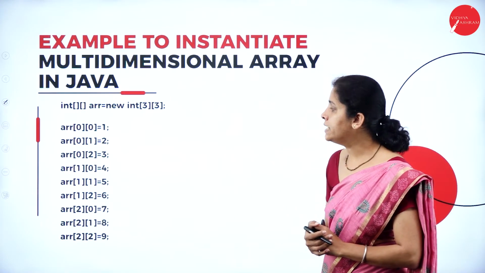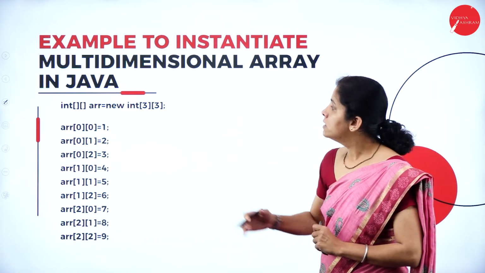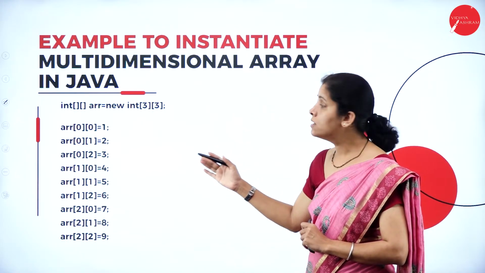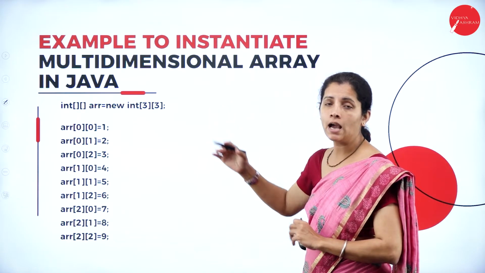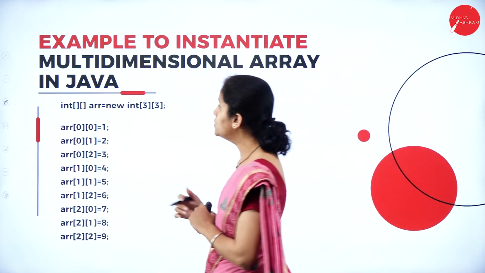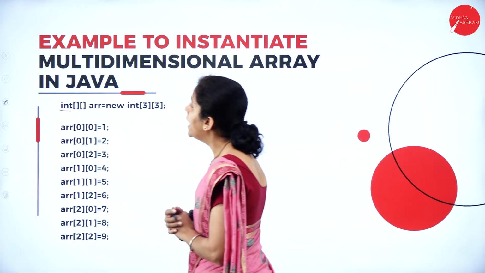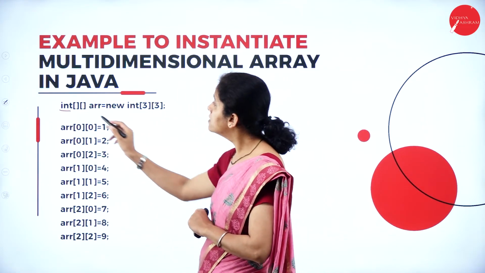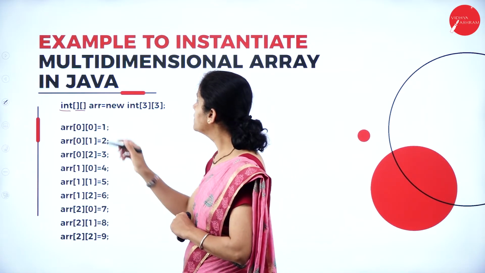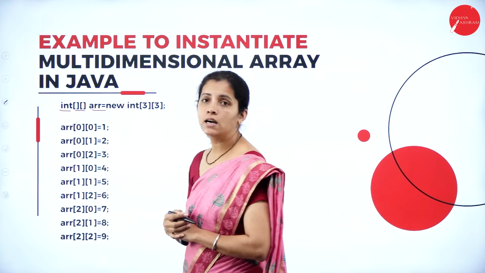Now dear student, let me discuss how to create a multidimensional array and how to initialize the values. So dear student, see here int, and this is the example for your multidimensional array. What is the array name?